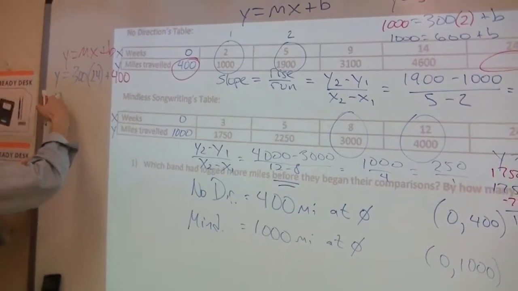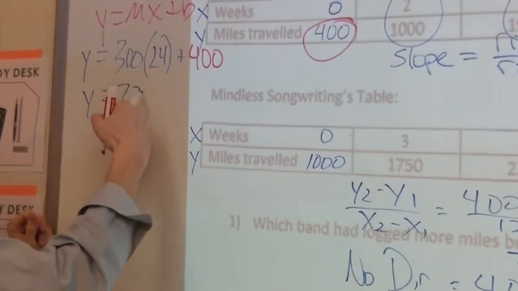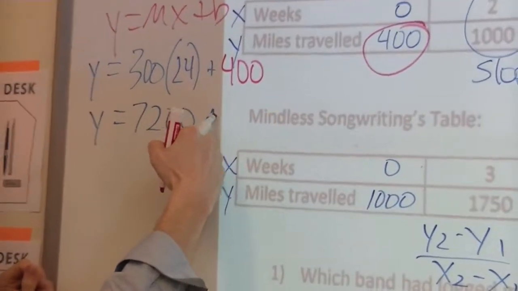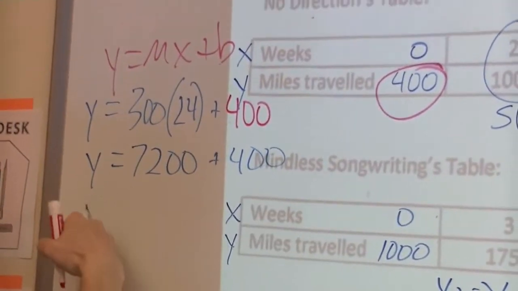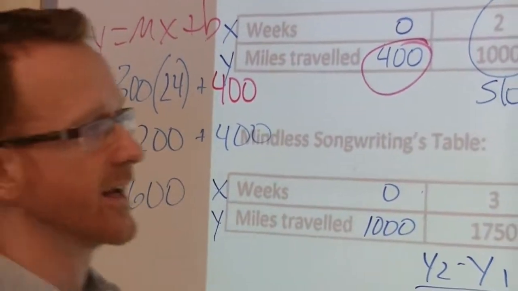And now I can do the math here, and I will get 7,200 plus 400, and y equals 7,600. That's the answer here.